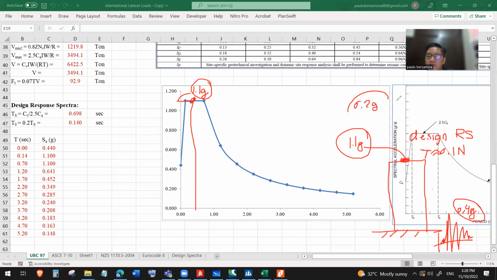So therefore, by analogy, your structure can experience less than 1.1 G. However, this response spectra is what we call the elastic response spectra. So the assumption is that our structure behaves elastically.